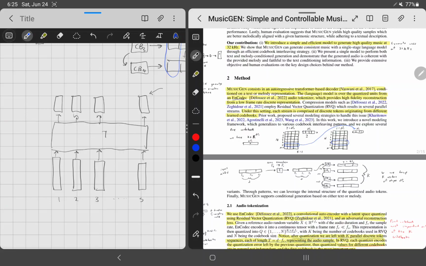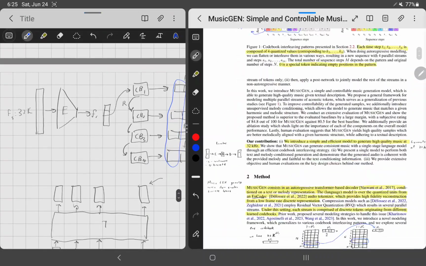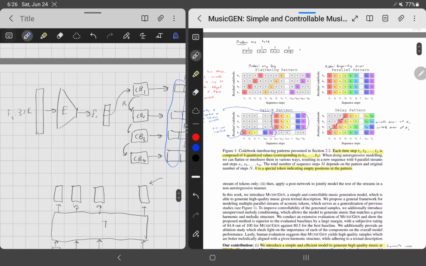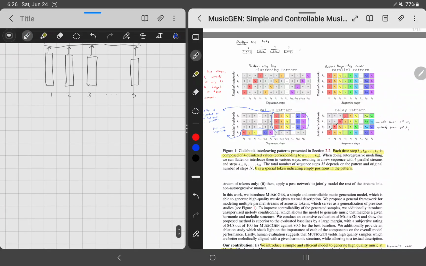One of the problems with this is, like I said before, you can't just stack the tokens. So we have our sequence, which is broken up. This is our k equal to 1. This is our first bucket.